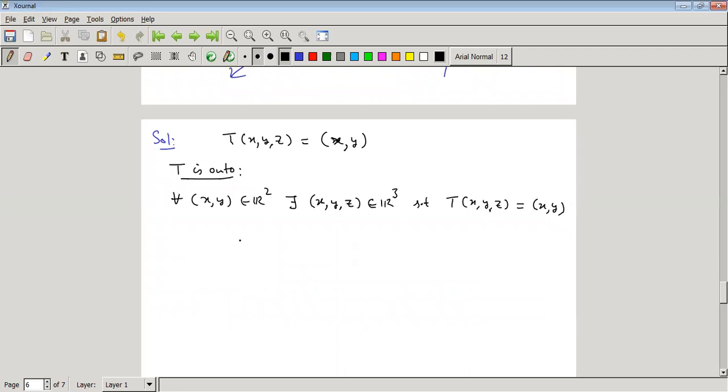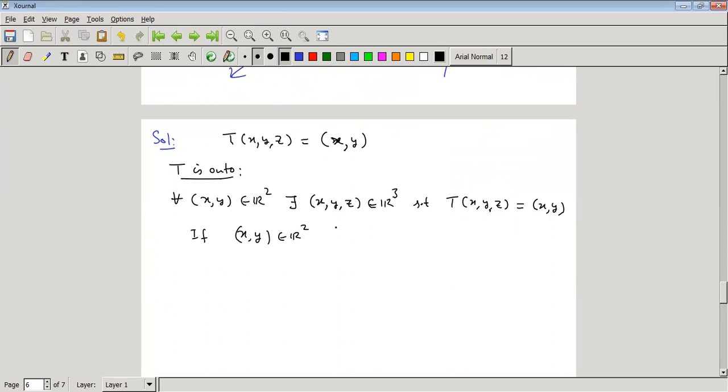If we take any element, it is true for all z belonging to R. But x, y belongs to R2, then we have to find at least one element.